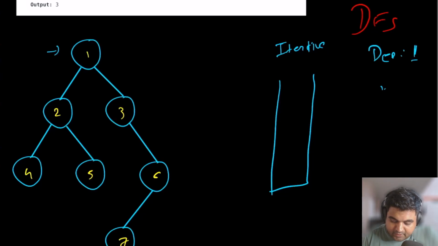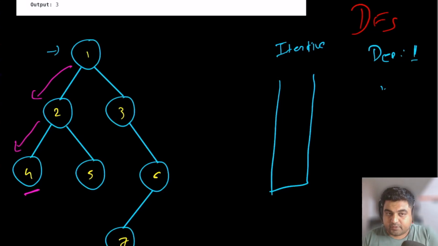Okay, now we are going to apply a simple logic: whenever we move to the next element and reach a leaf node, this is the last element that we can visit in this path, nothing more than that. So up until this point, whenever we are going downwards, we are going to increase the count for our depth.